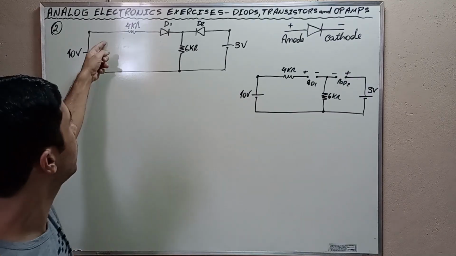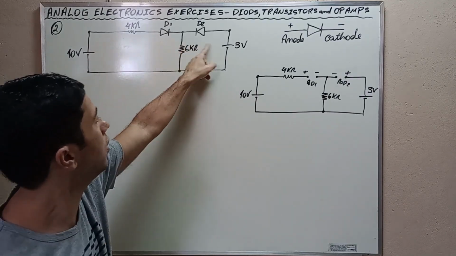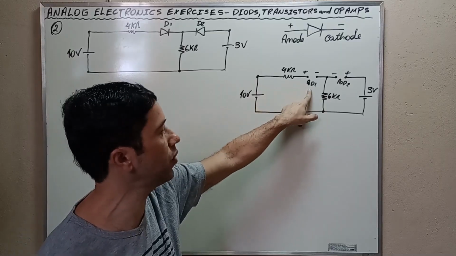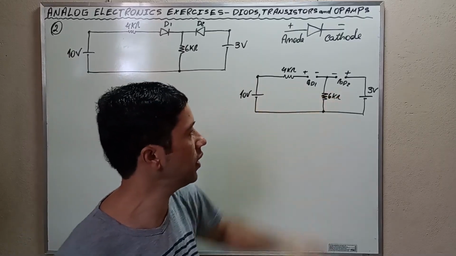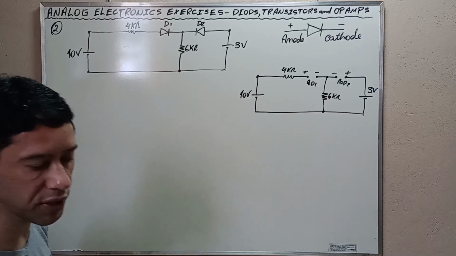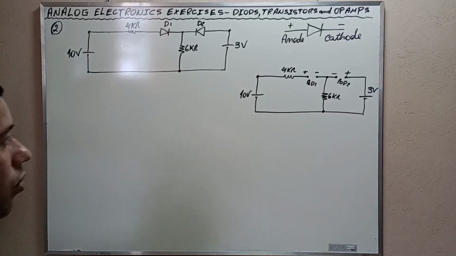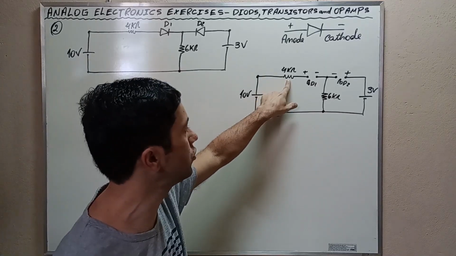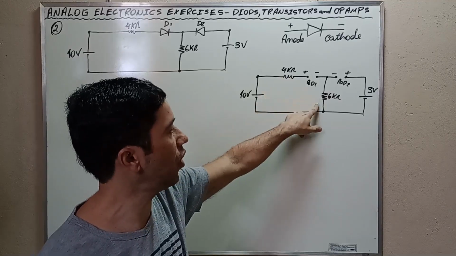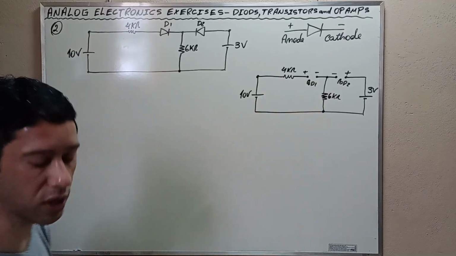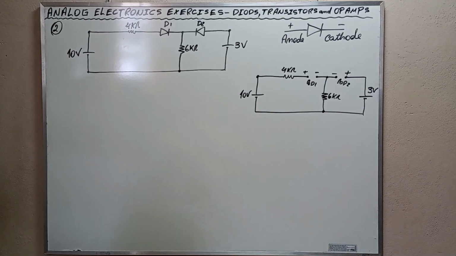There is no current flowing here or here, because the circuit is open here and here, because we have established that the diodes are not conducting. There is no voltage drop across any of the resistors because there is no current.